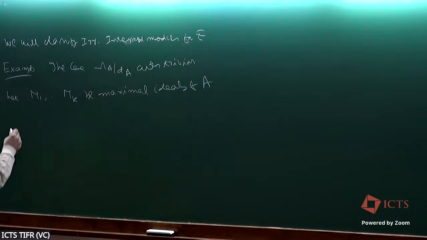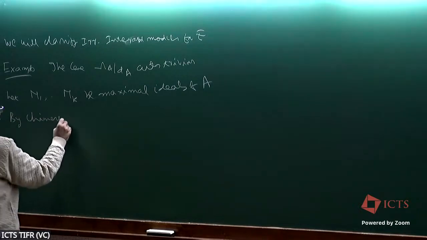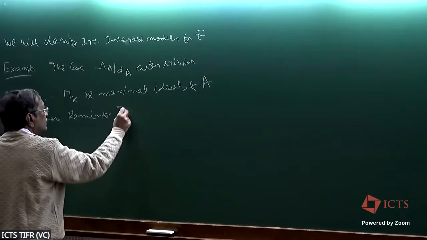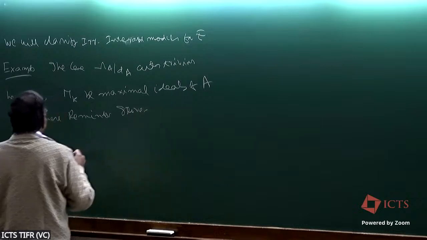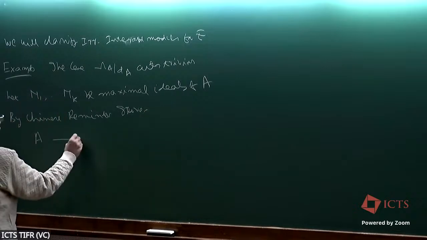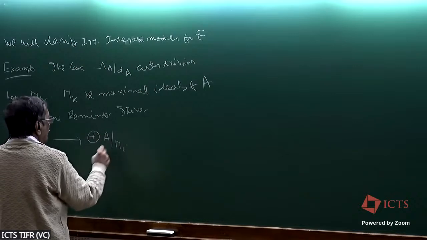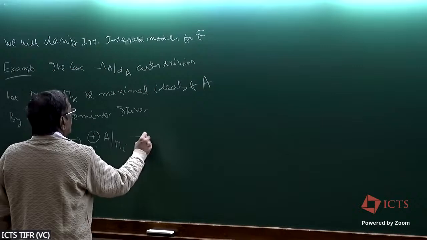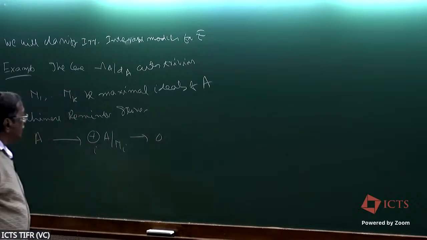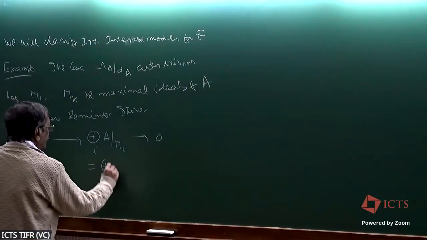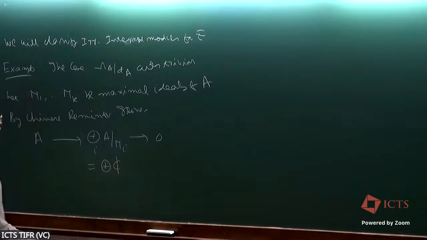Now by the Chinese remainder theorem, we see that it's a surjective map. But you see, A is finitely generated, and this is a maximal ideal, so the quotient is a field. So it's easy to see that this is actually k copies of C.